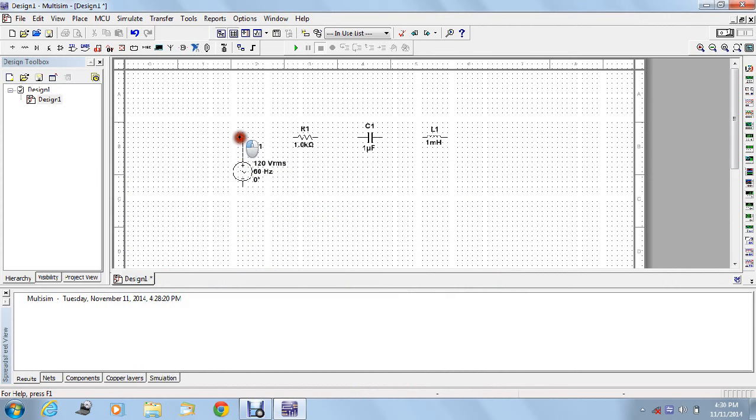Connect this circuit. When these two points are properly connected, this is red. Otherwise, if you see, this is black.